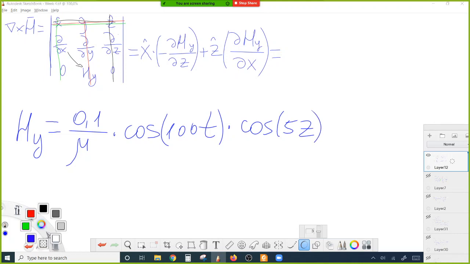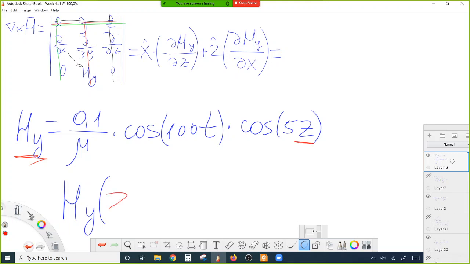If we look at the component Hy, we can easily see that Hy is a function of z and t.